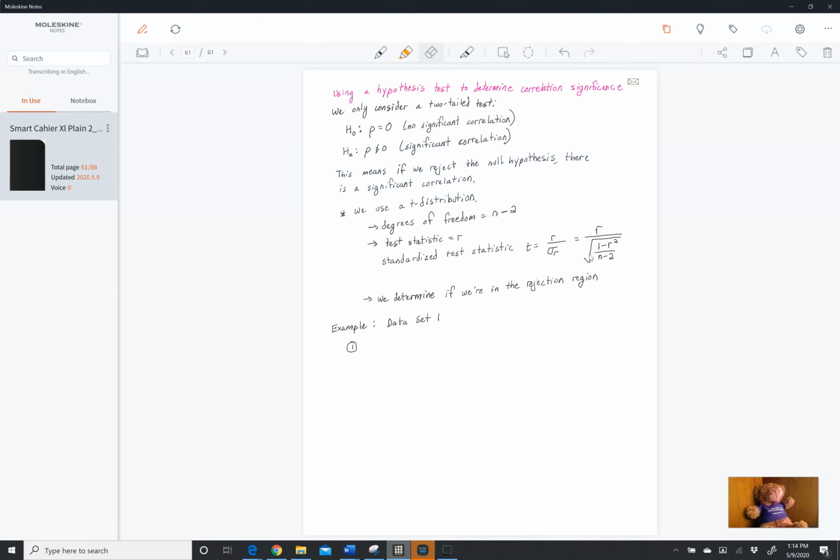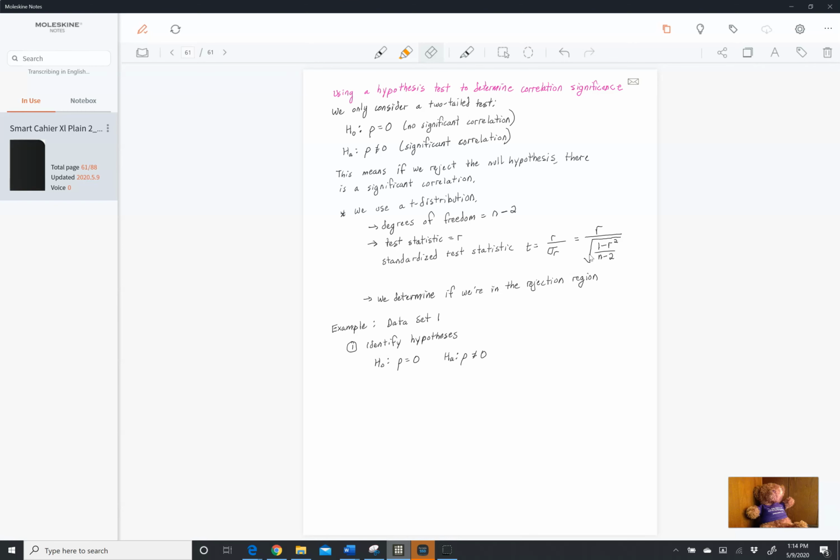You're going to assume that it approximates, that everything is right. Okay, so step 1, identify your hypotheses. This is always the same. Your null hypothesis is that rho is equal to 0, and your alternative hypothesis is rho is not equal to 0.